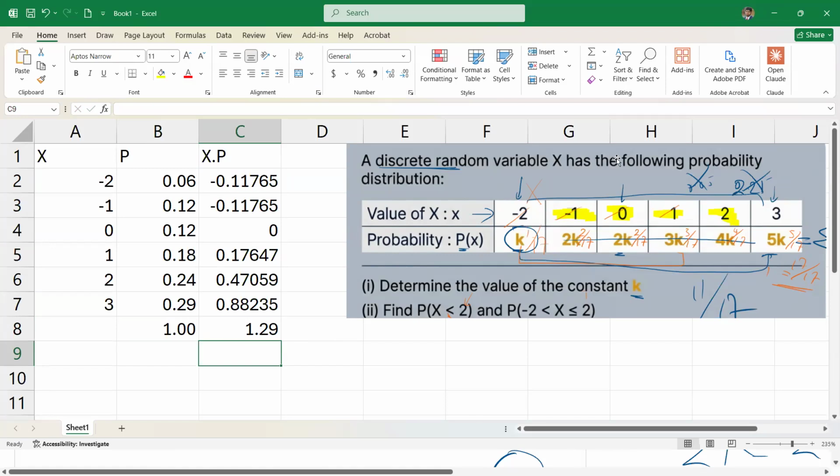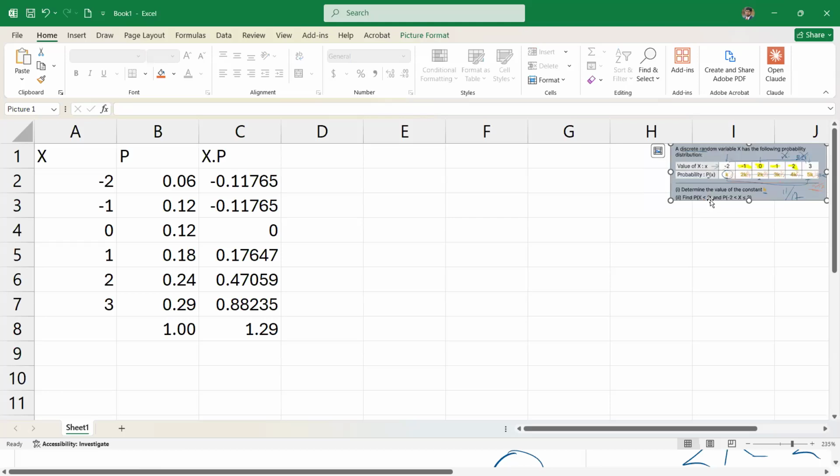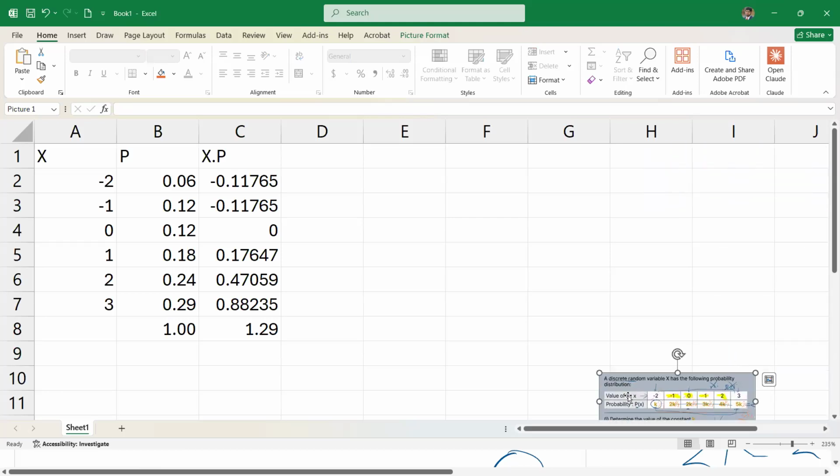Next we will find the variance and standard deviation. The formula, we know that x bar, right?